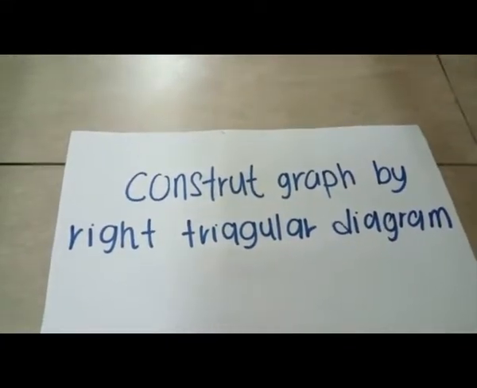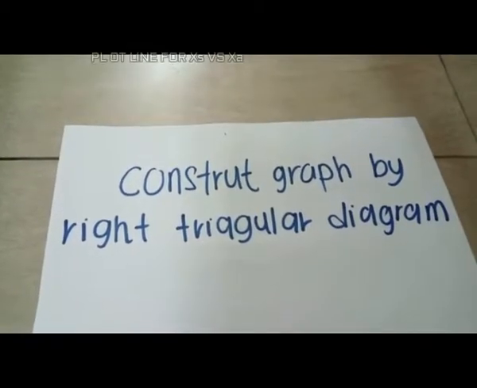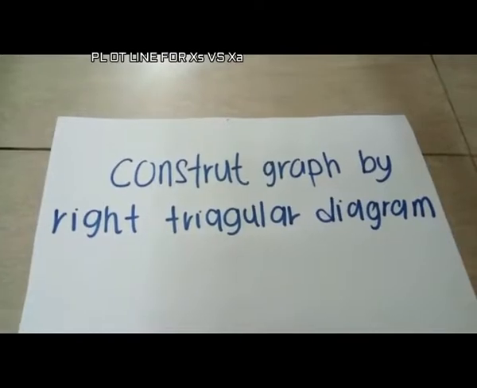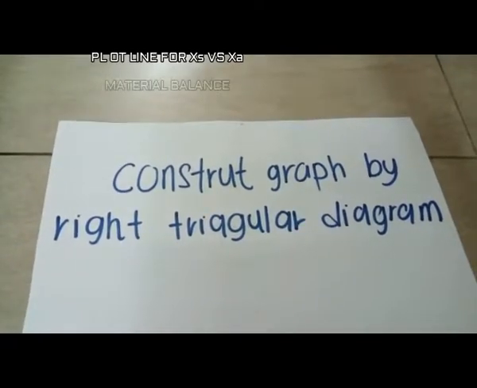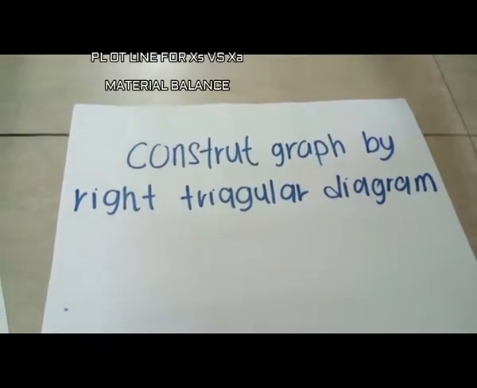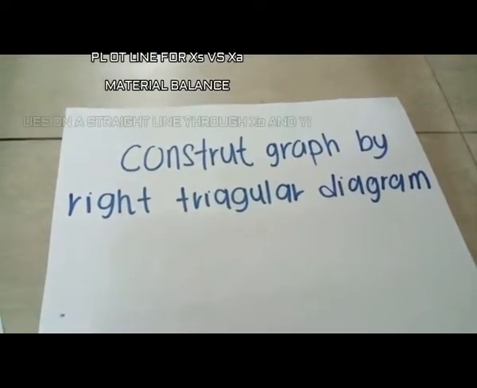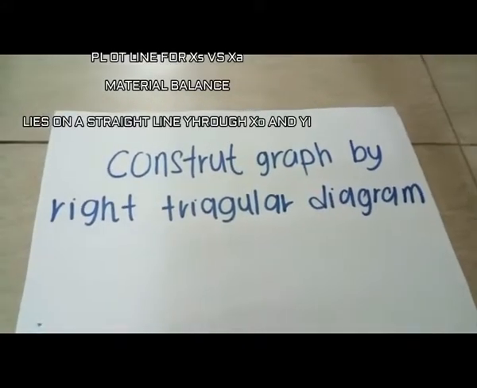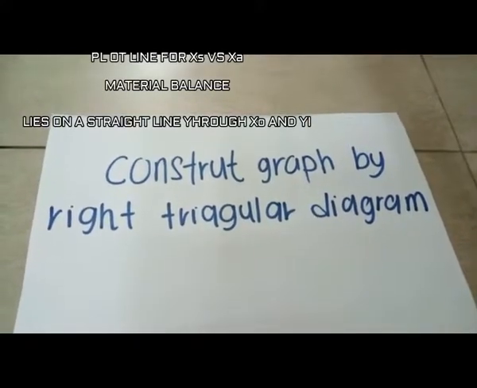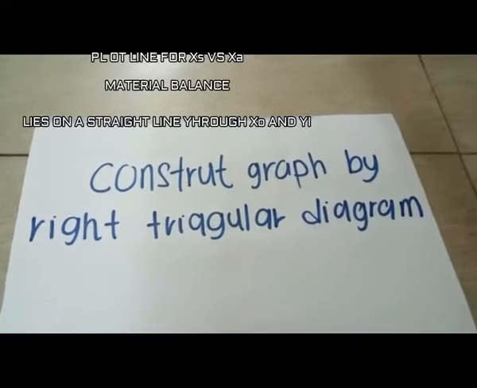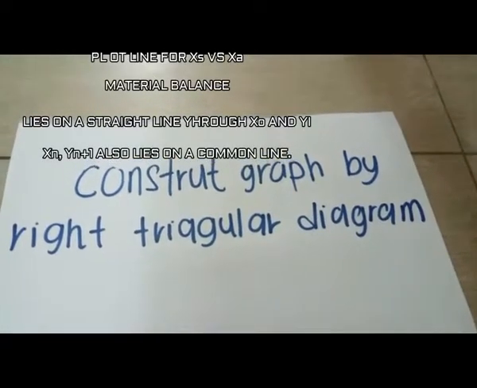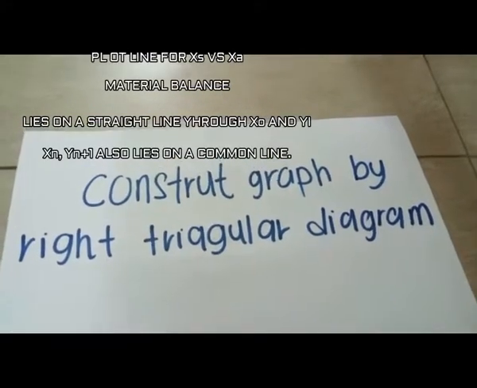So, how to construct the graph by right triangular diagram? For the first step, plot the line for all underflow, which is SS against SA. For the second step, do a material balance to find the outgoing overflow. For the third step, three different points F lie on a straight line through S0 and Y1. For the fourth step, F prime is constant and thus Sn, Sn plus 1 and F prime also lie on a common line.